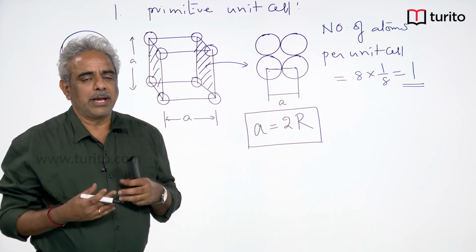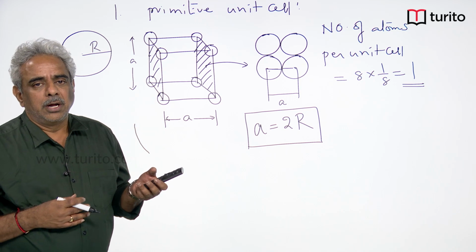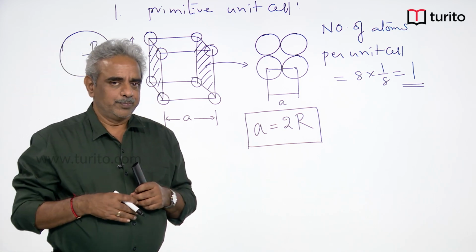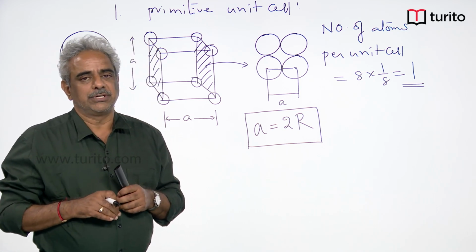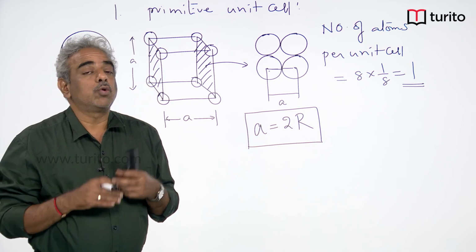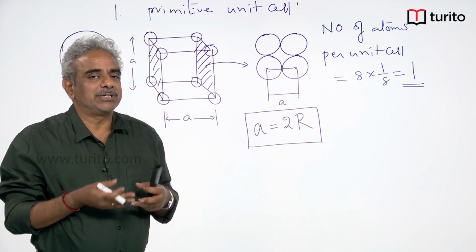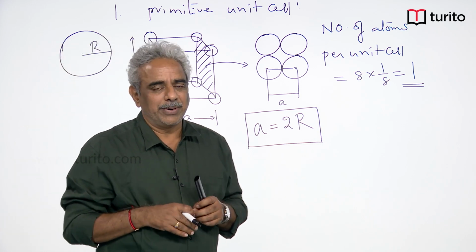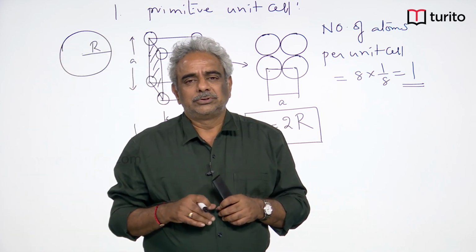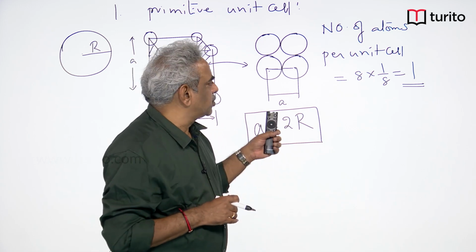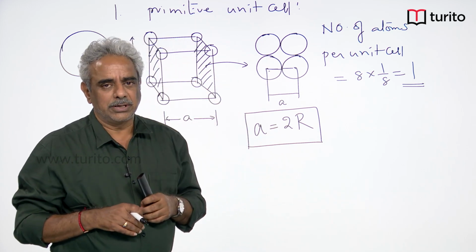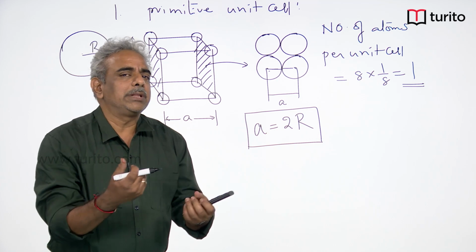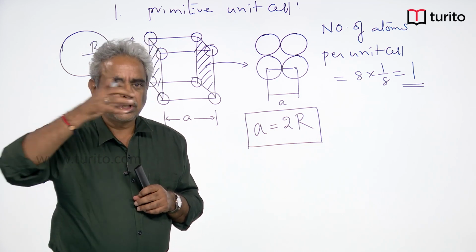I mean to say wasted means unoccupied, there will be an empty space left. So, how to calculate how much space is wasted in the unit cell? This is a very important and logical aspect. Now, what is the fraction of the part occupied in the unit cell? Who occupies the unit cell? The spheres.